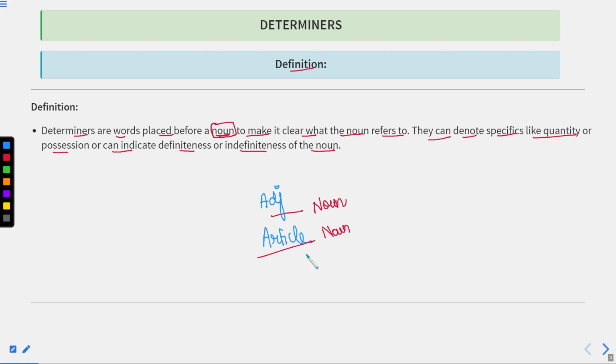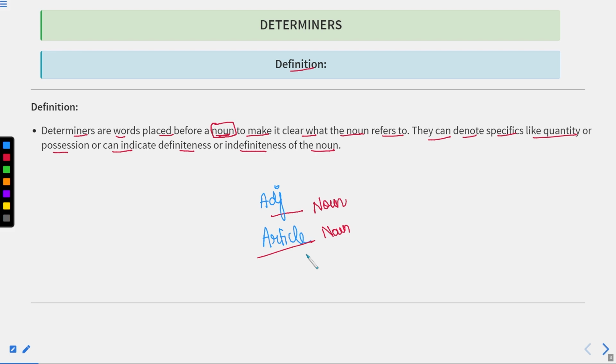For example, leather bag. If I say leather bag, this bag has its material in leather, and leather is the adjective. If I say a tall building, tall is also an adjective which is qualifying the noun, that is building. So an adjective is a word that can qualify a noun.